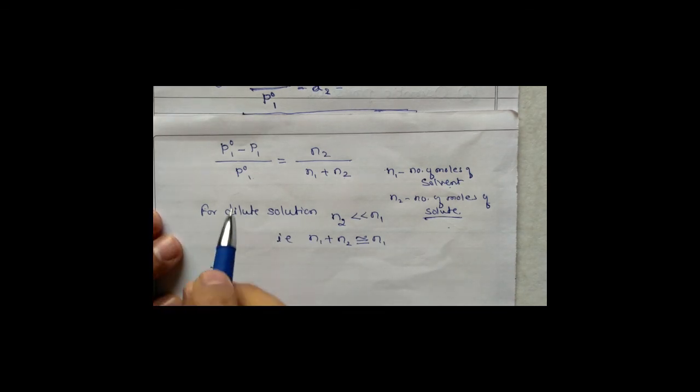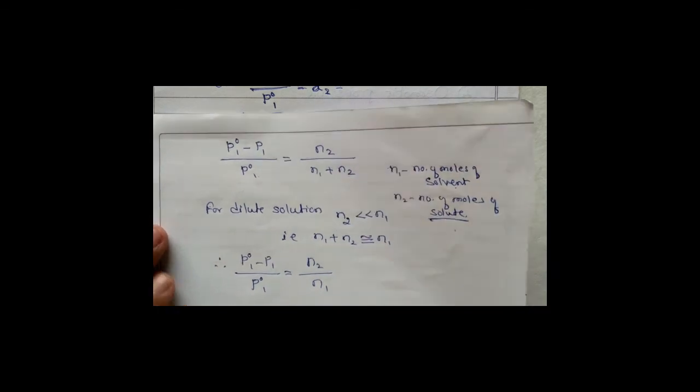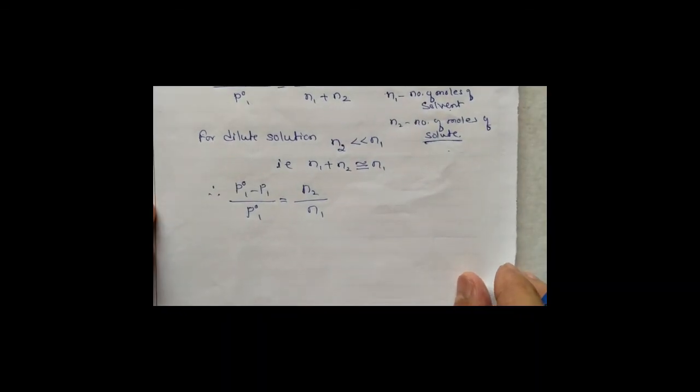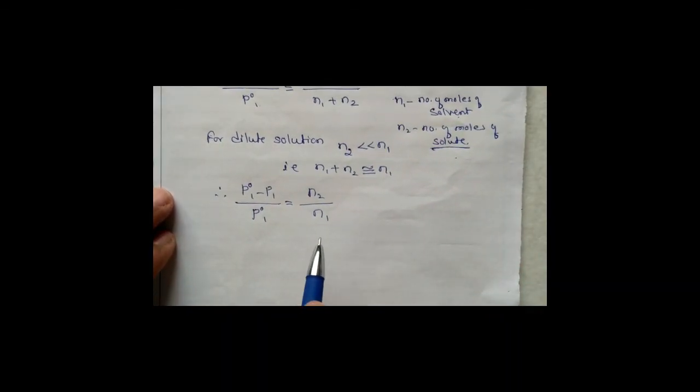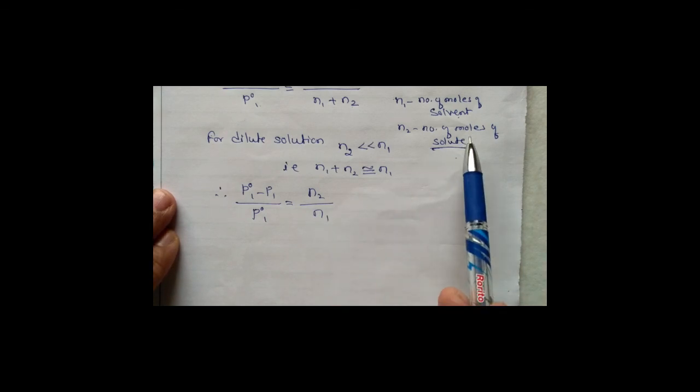So therefore I will write the above equation as P01 minus P1 divided by P01 equal to N2 divided by N1. What are N2 and N1? Number of moles of solute, number of moles of solvent.